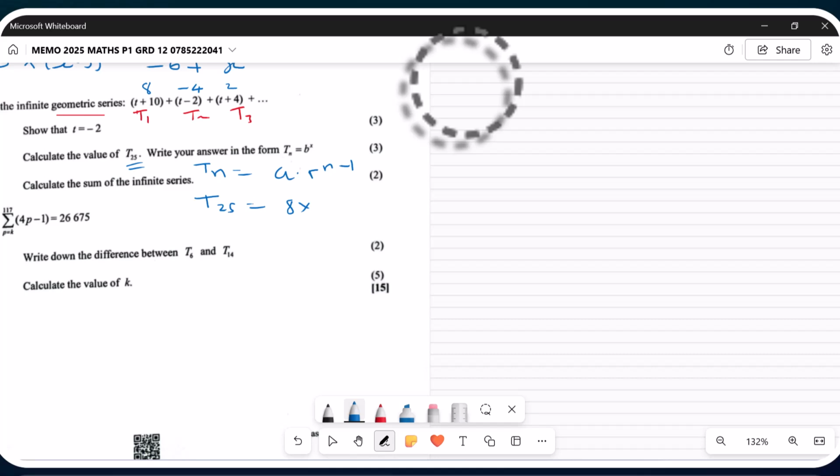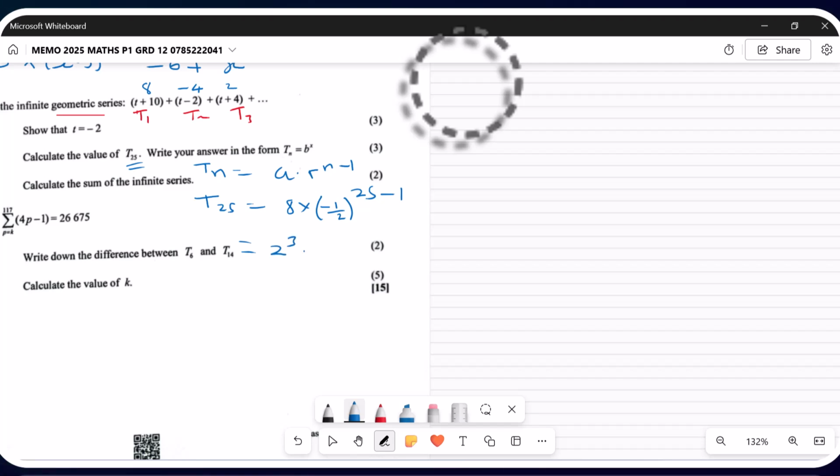So now if I split here, I can say that my t25 equals 2 power 3 multiplied by negative 1 power 24 multiplied by 2 power negative 1, but power 24 again.